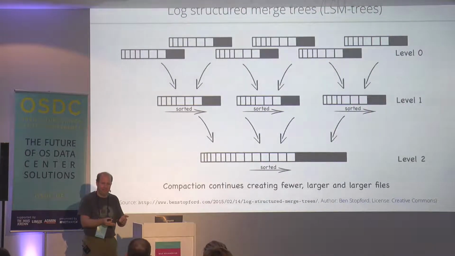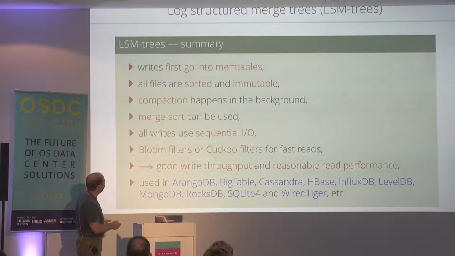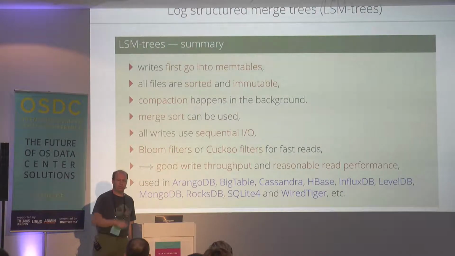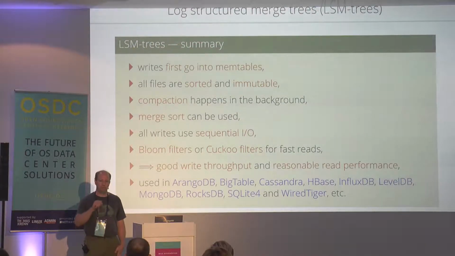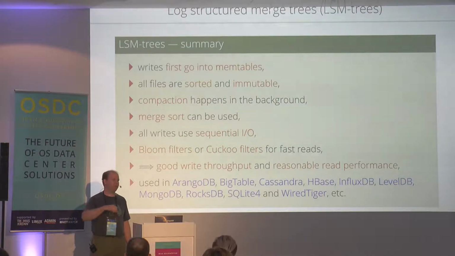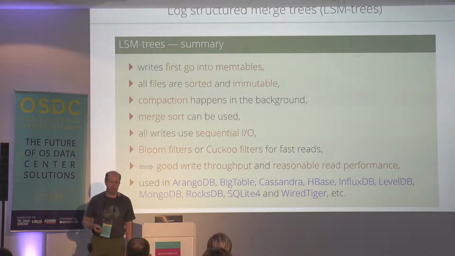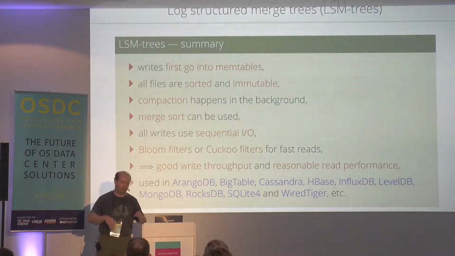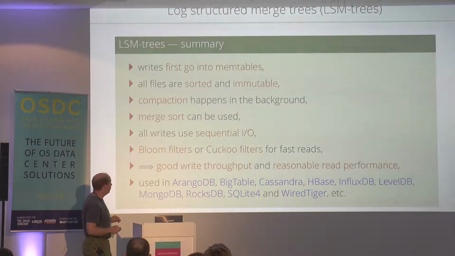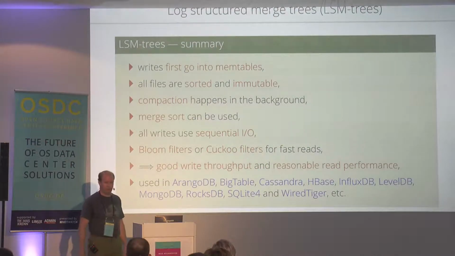We have spent a bit of time, but there's no mistake. So it's only Bloom filters or cuckoo filters, the more modern approach, which make this whole thing bearable for random reads. And if you then put the usual block buffering, which basically the operating system already does for you, you get good write throughput and reasonable read performance.